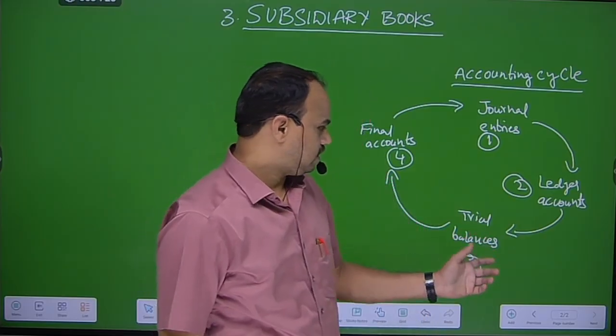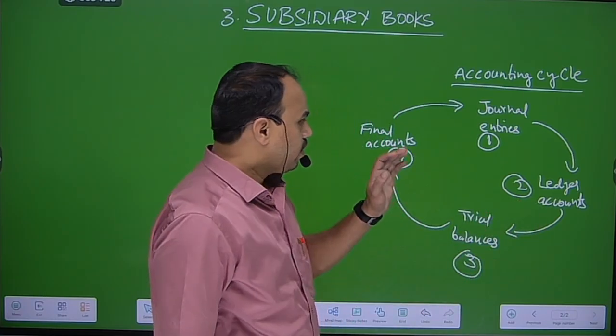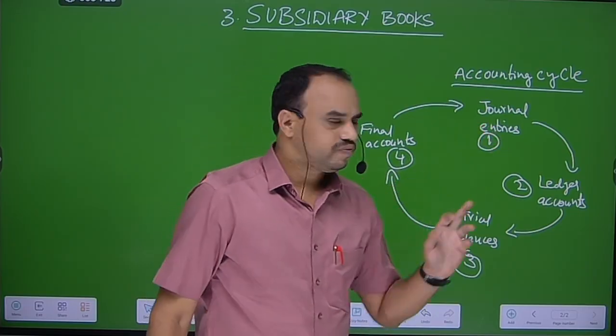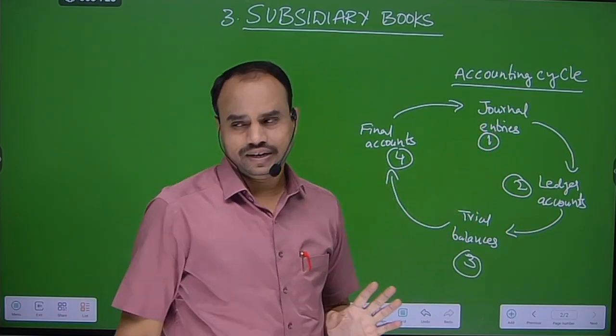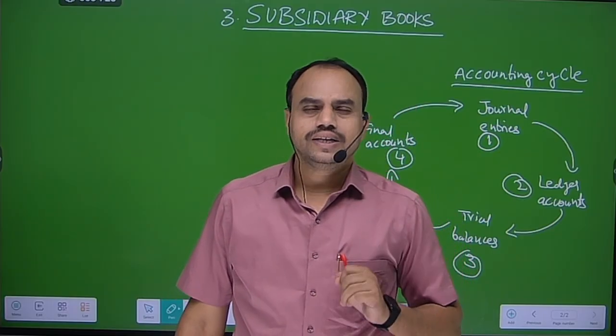In previous classes I explained ledger accounts and trial balance. Now see here, the first step in the accounting cycle is journal entries. Who will write journal entries?